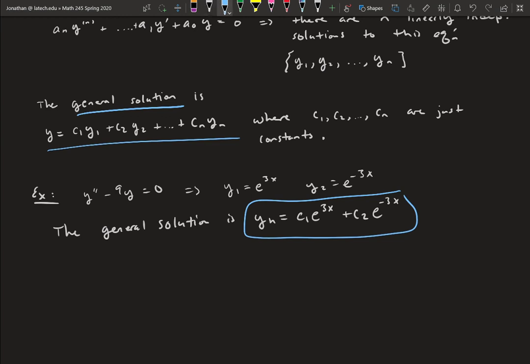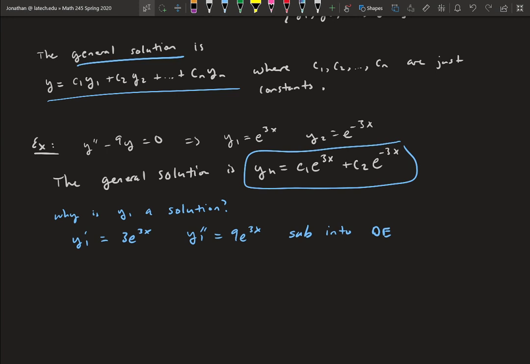How do you verify that y1 is actually a solution? Well, you take y1 prime, that would be 3e to the 3x, y1 double prime, that would be 9e to the 3x, and substitute into the differential equation. So that would be 9e to the 3x minus 9e to the 3x, and that equals 0.